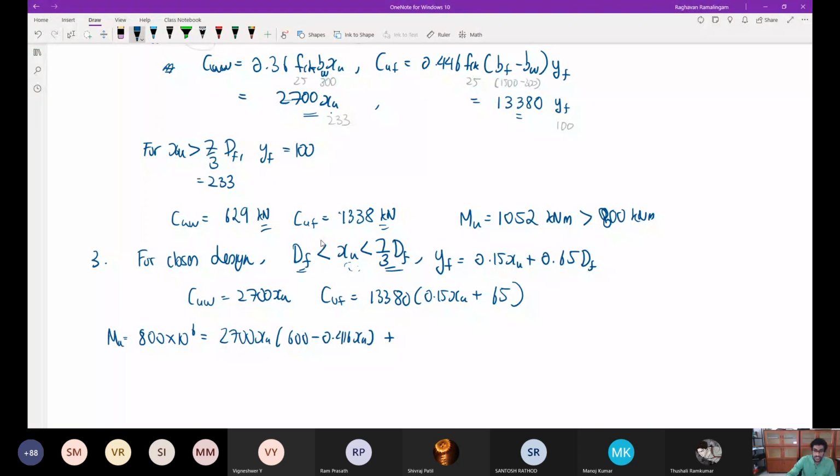Okay, so I can actually simplify this to 13380 into 0.15 XU plus 65. Okay, and into how much is this?